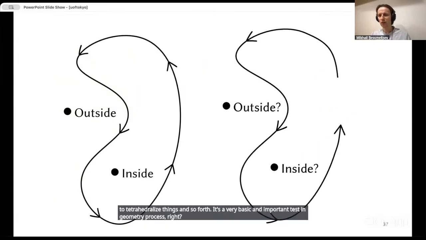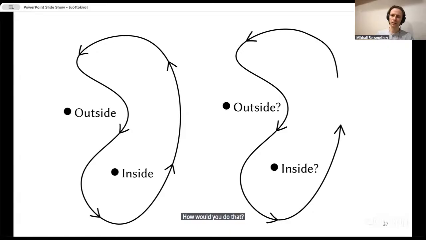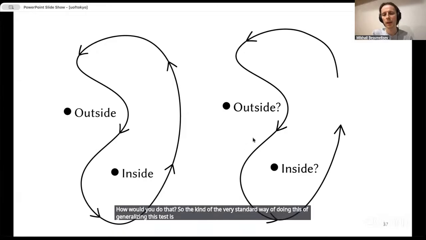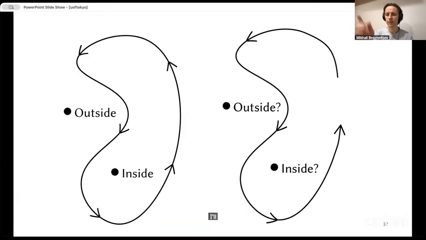So this is all good if your curve is closed, but what if your curve has a gap, a boundary to be exact, right? So here, 2 points are the boundary of the curve. How would you do that? So the very standard way of generalizing this test is to say, okay, now instead of shooting just one ray, I'll shoot a ton of rays around the point.